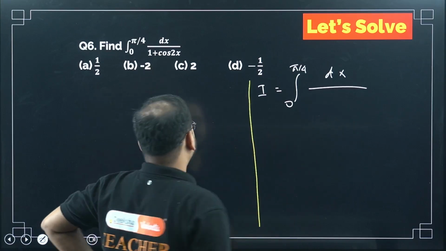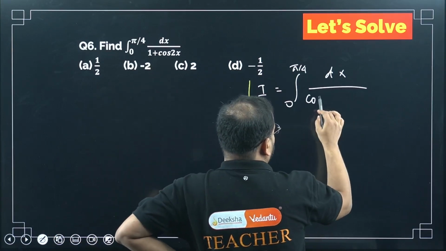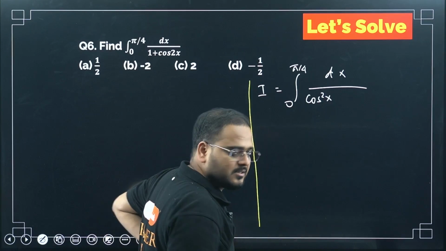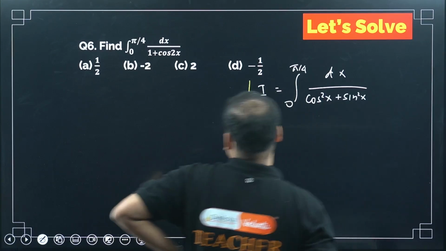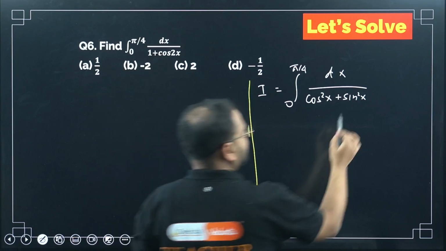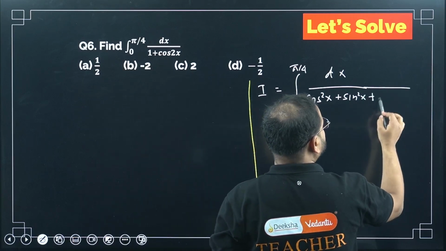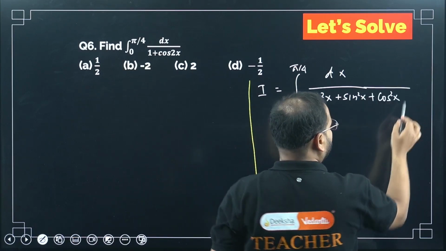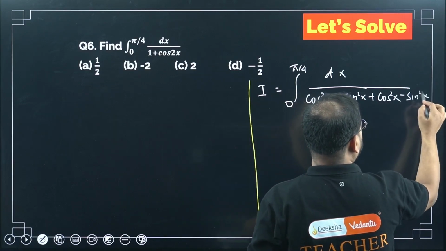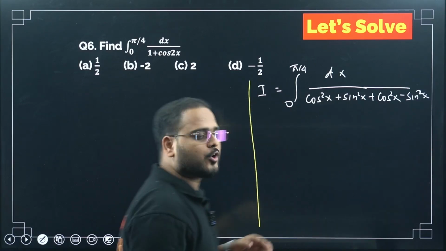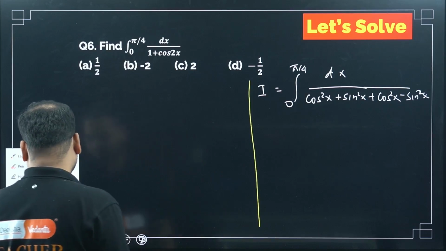I can write 1 as cos square x plus sin square x. Yes or no? What about cos 2x? I can write cos 2x as cos square of x minus sin square of x. Yes, this is the formula for cos 2x.